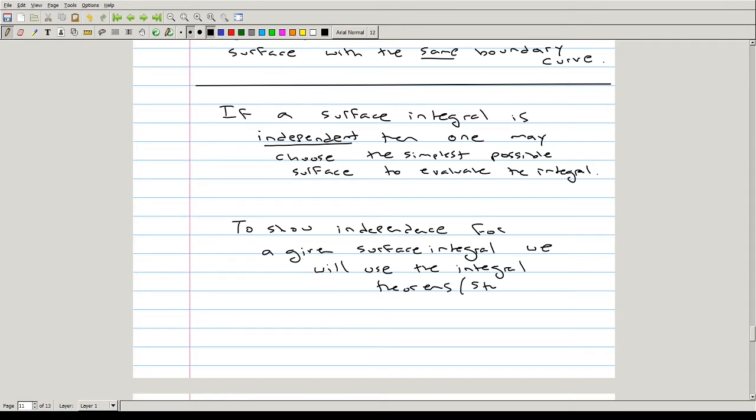So this is Stokes and the divergence theorem, which will be proven in the subsequent lectures.